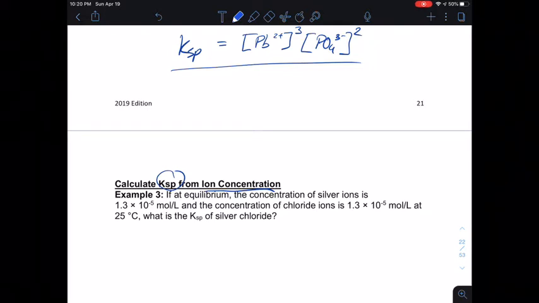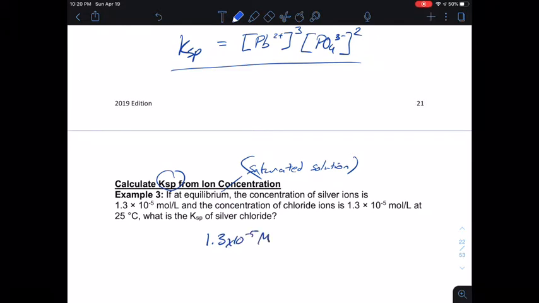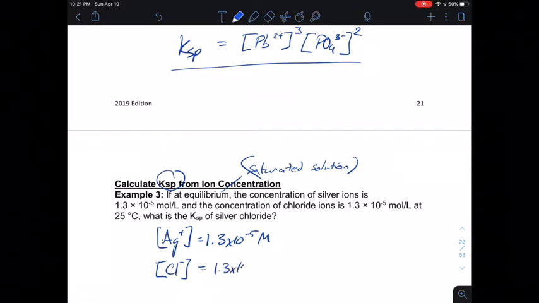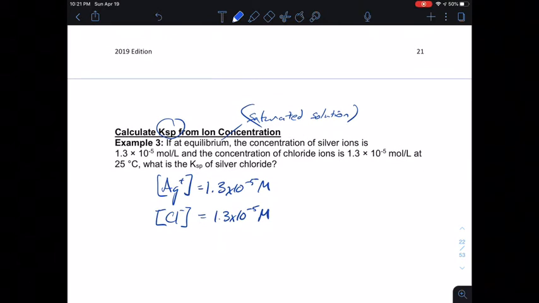So if at equilibrium, and when they say at equilibrium, they mean a saturated solution, the concentration of silver ions is 1.3 times 10 to the -5 molar, and the concentration of chloride ions is 1.3 times 10 to the negative 5. Wow, what a small amount of chlorine, right? Then what is the KSP?